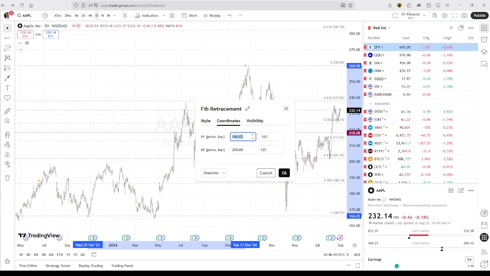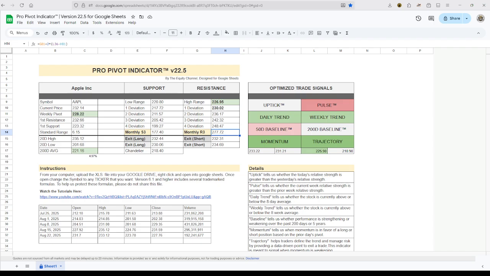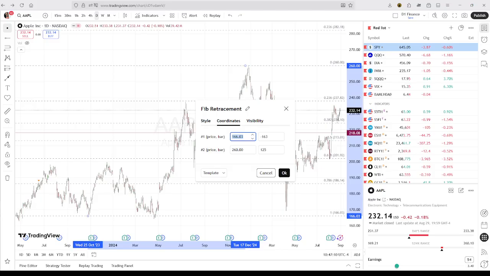What I like to do is take these levels here. So we have the support at 177.40, and we have the resistance at 277.72. Let's roll them down real quickly, make it easy. And I like to plug them into my Fibonacci retracement.